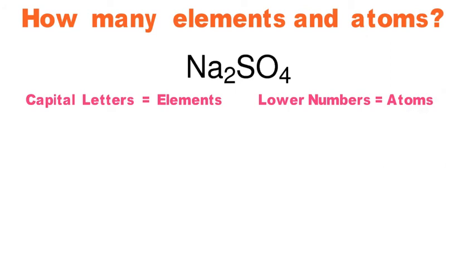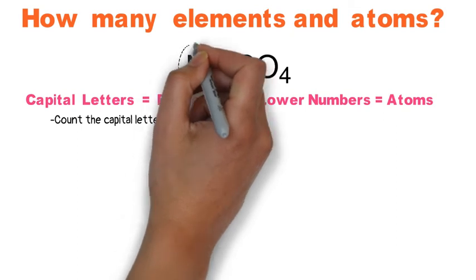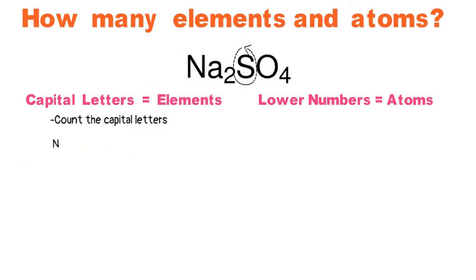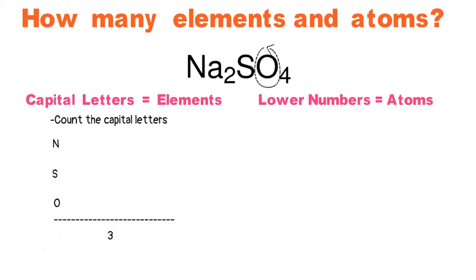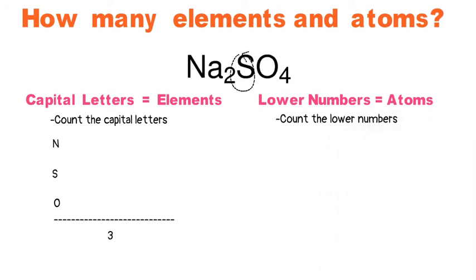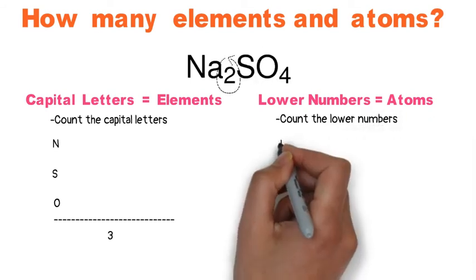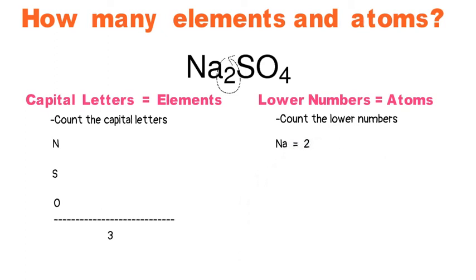Let's see this example here. Let's count the capital letters. The N is the first, the S is the second, the O is the third. So we have 3 elements. What about the number of atoms? Let's count the numbers beside each element. The first one has 2, so we'll put 2 atoms here, while for the second one there is no number beside it.